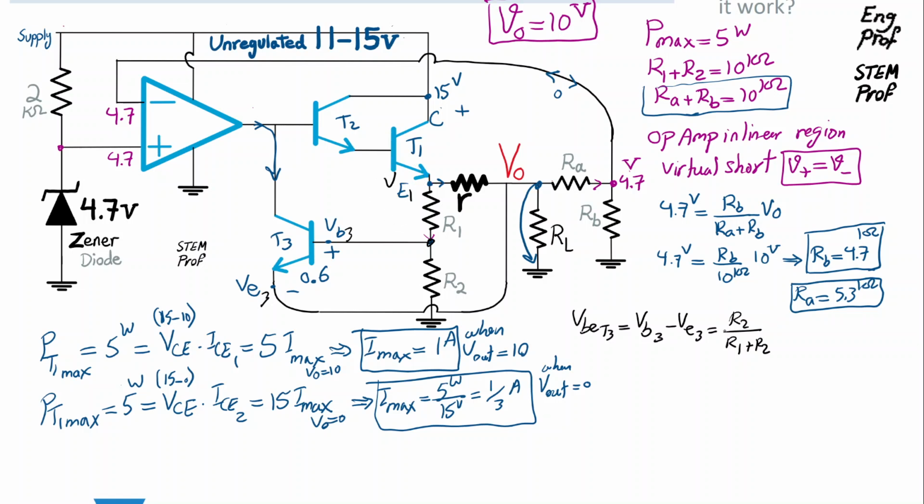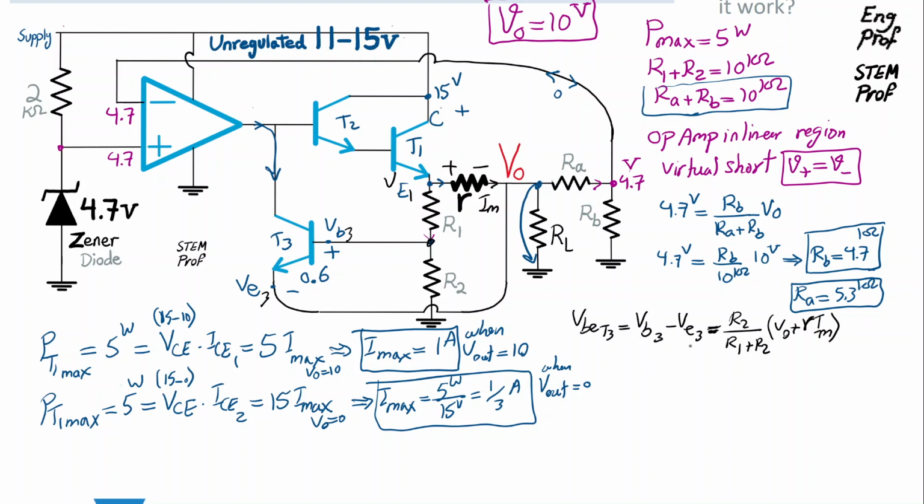But voltage of emitter 1 is also equal to voltage of output plus the max current, Imax, times the resistor that will give us the voltage drop across this current sensing resistor. So Vout plus the voltage drop will give me VE1. And that's exactly what I am writing here. So R times Imax. And that is for VB3.